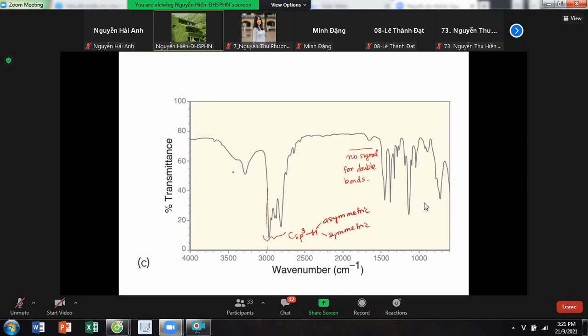And the most important signal in this spectrum is, I think, about 3,280 maybe. And it looks a little bit broad.